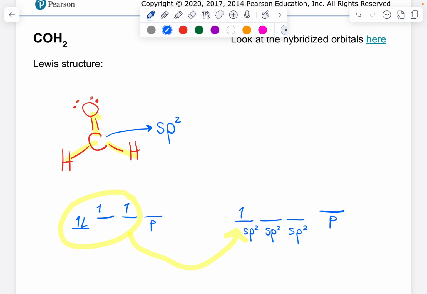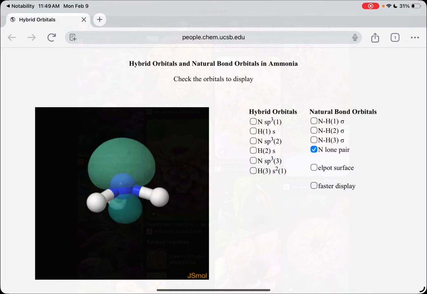One of the unhybridized orbitals, like originals. Original, okay? So when I take these 4 electrons, I'm actually going to put 1 in each of them. And I'm going to show you real soon what happens with that original orbital that didn't get hybridized. Okay? So I'm going to open up this picture here.